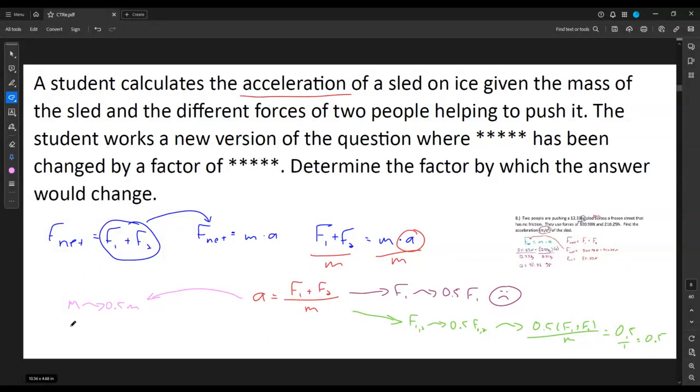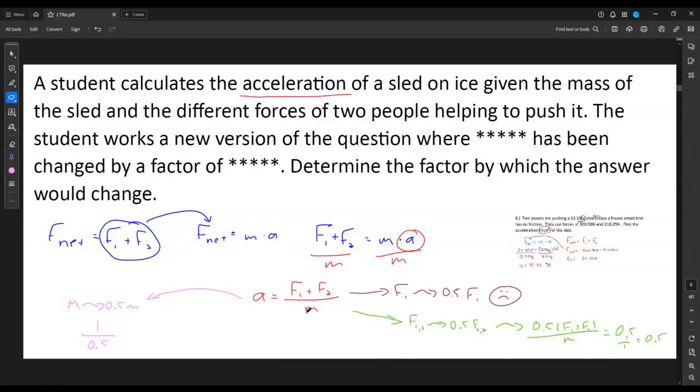What that's going to tell us then is that if I'm calculating for the acceleration, the ratio of the new forces to the old forces is going to be the same. So that's going to be a ratio of 1. And then the new mass is half as much as the old mass, and so I'm going to have a ratio here of 0.5.